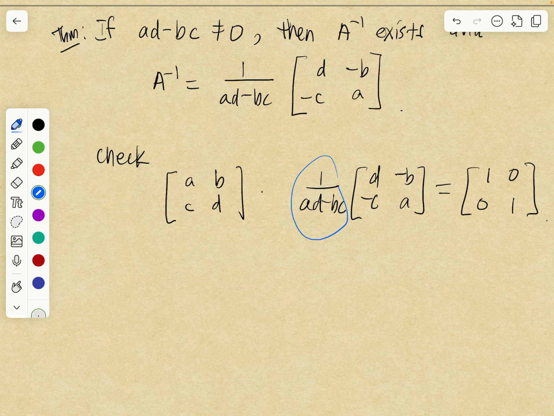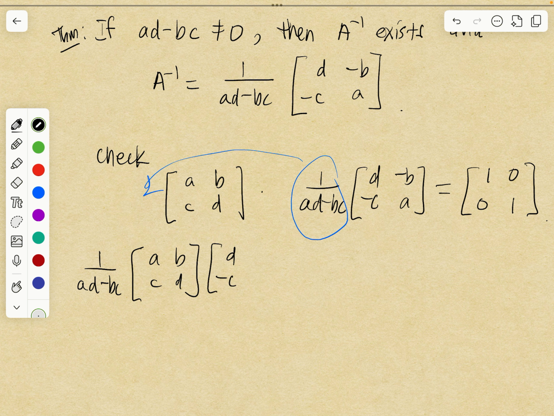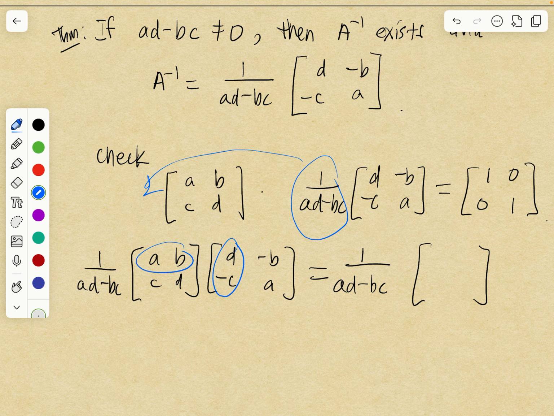Well, this scalar we can pull out. So we're going to get this times this. Let's multiply. So we get 1 over AD minus BC. And if you multiply them, if you look at the first row and first column, you get AD minus BC.